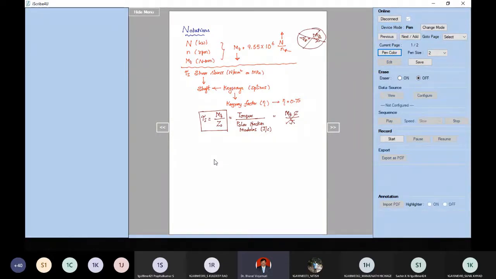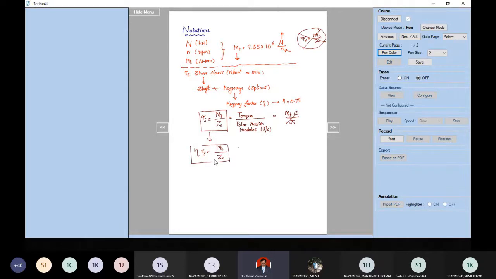Tau s is shear stress, Mt is the torque, and polar section modulus is J by c. So for the shaft, what is the value of Z0? Since the keyway factor is there, I'll use the equation eta tau s is equal to Mt by Z0.